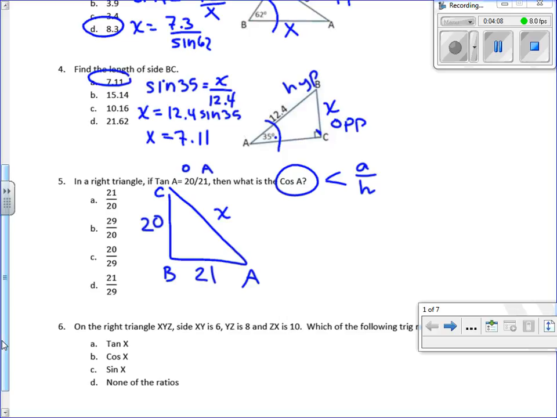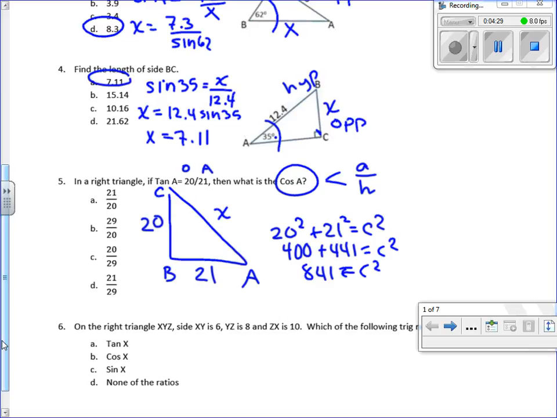Since I know two lengths here, I can use the Pythagorean theorem. 20 squared plus 21 squared equals c squared. This will be 400 plus 441 equals c squared. I add these two together and get 841 equals c squared.